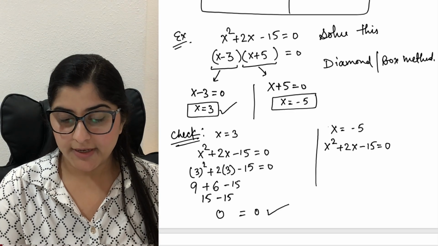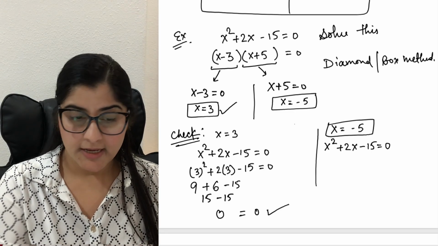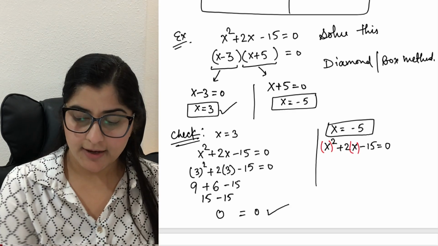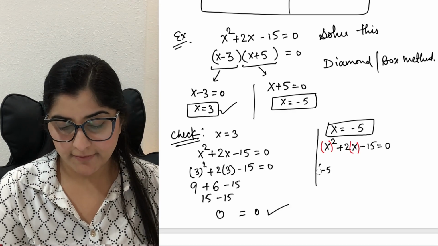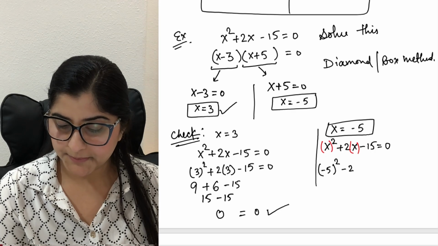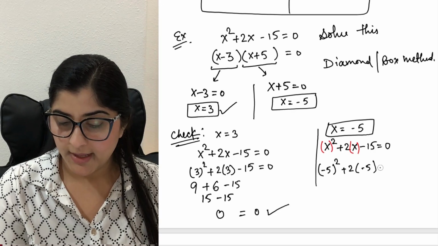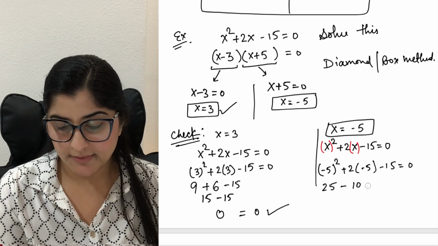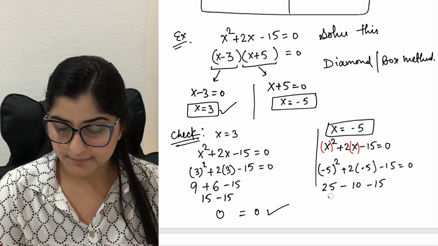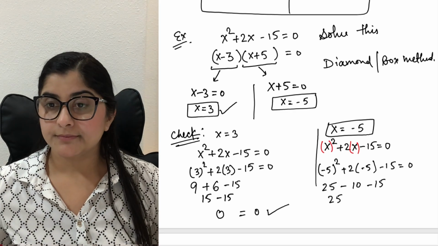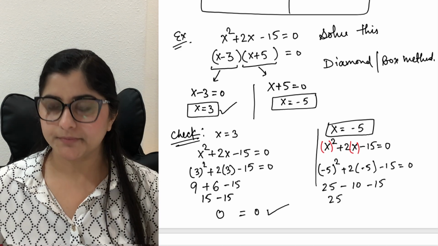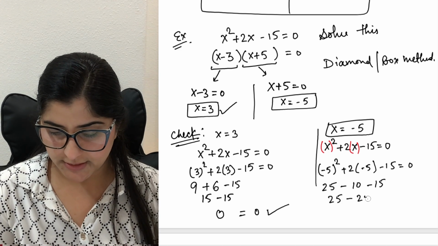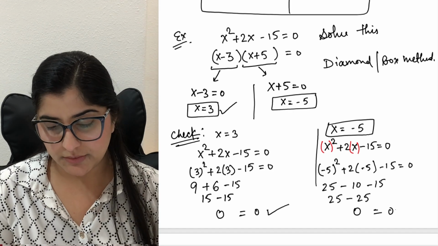Same thing let's do for x is equal to -5. Make sure you put brackets around all the x's and now replace x with -5 and see, are you getting left hand side equal to right hand side? So we get 25 minus 25, that is 0 is equal to 0.